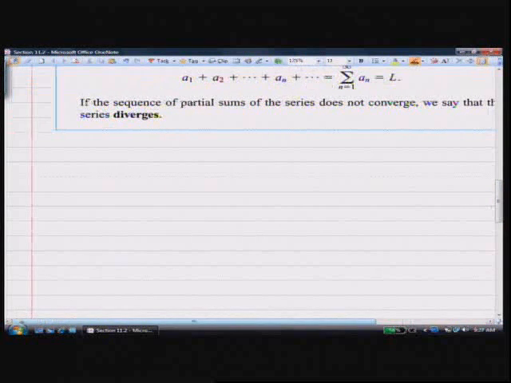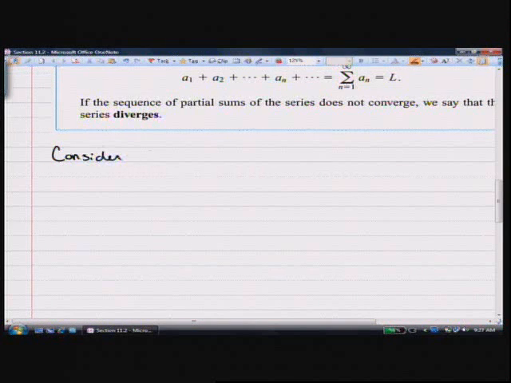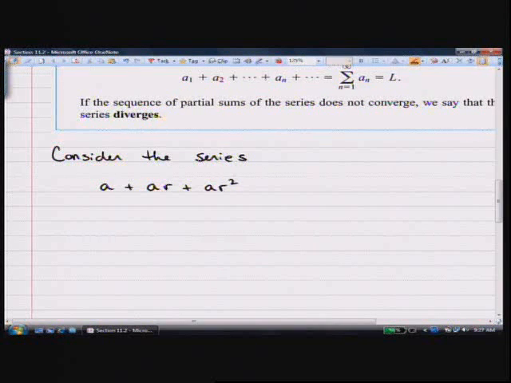Okay, so say we have a series that looks like this. You have A plus A times R plus A times R squared plus, you keep going, A times R to the n minus 1, and then you keep going until infinity.